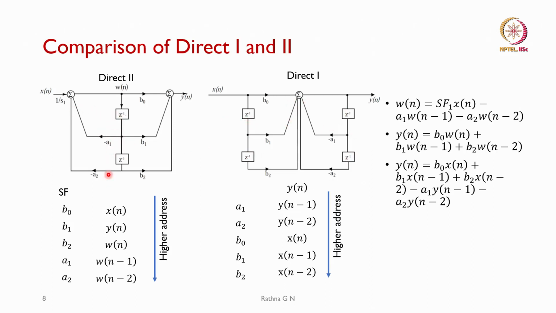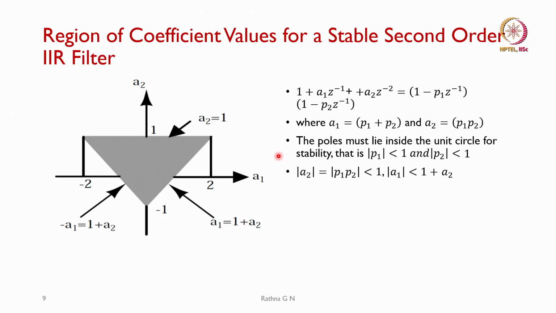That is the reason why most applications use the direct form 2 structure compared to the direct form 1 structure. Now we have to see, having taken direct form 2, how the coefficients are going to be represented, and whether they are going to cause any instability.